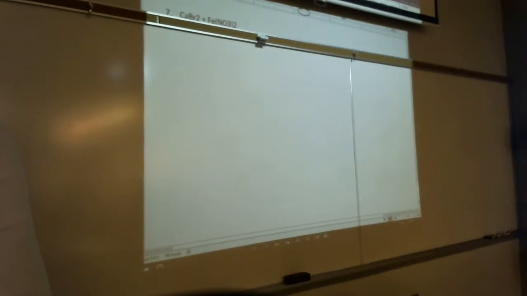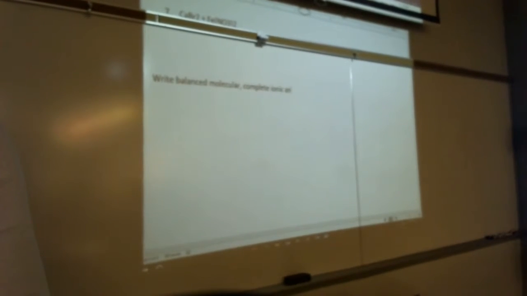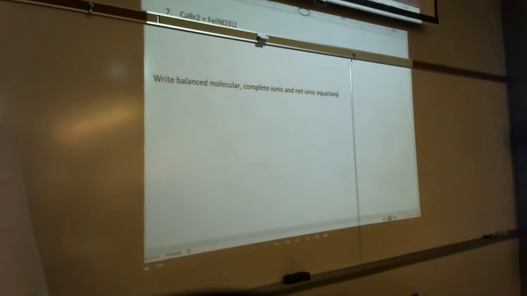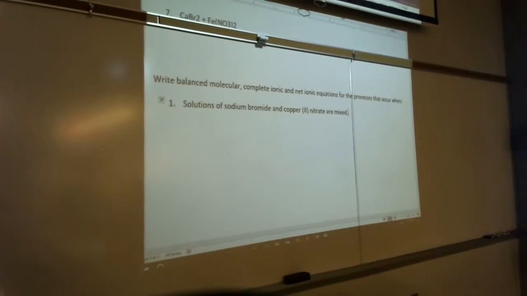Write balanced molecular, complete ionic, and net ionic equations for the processes that occur in solutions of sodium bromide and copper 2 nitrate mixed. Solutions of sodium bromide and copper 2 nitrate are mixed.